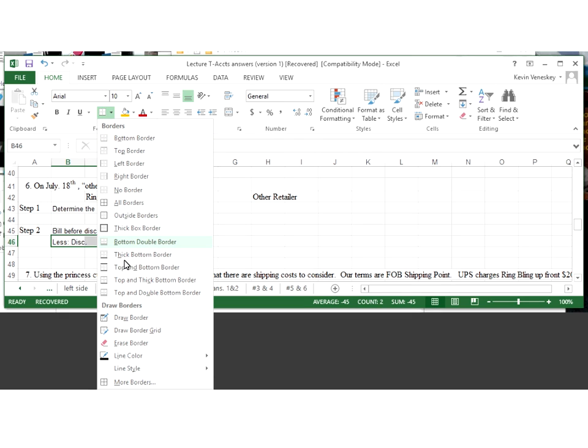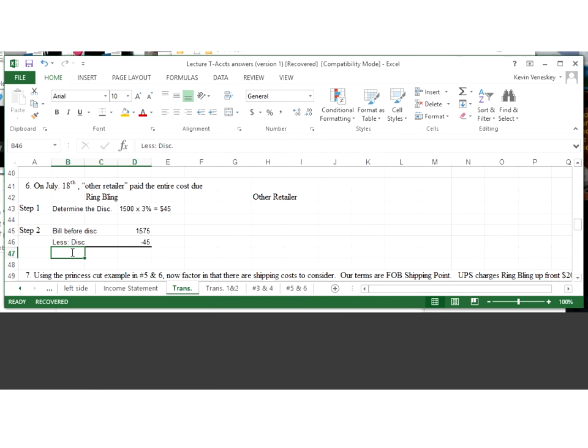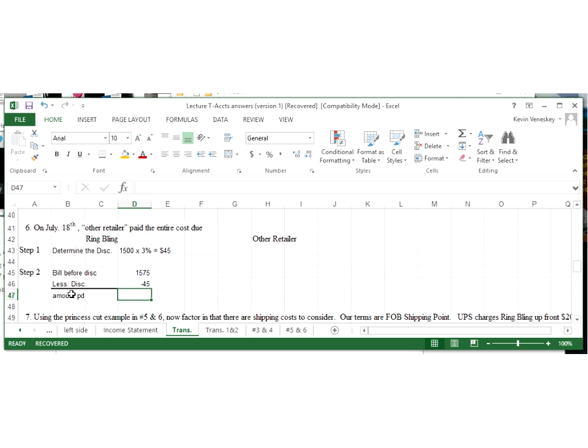And then the total tells me how much was actually paid, or if I'm getting money, how much was received. So $15.75 minus $45 does equal $15.30 in amount paid. Now we're ready to do the journal entry, knowing that these 3 items are all going to be in my journal entry.